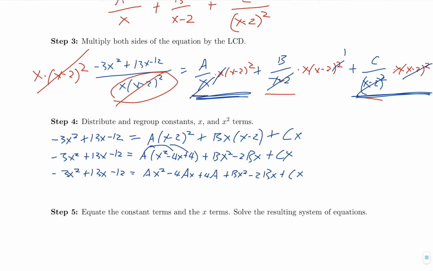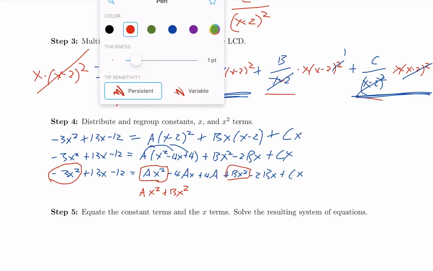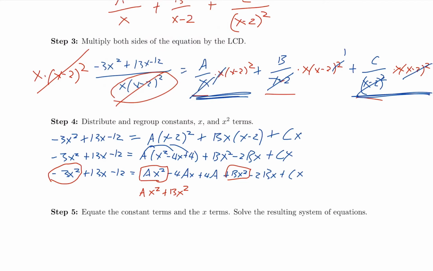So we need to regroup, okay? Let's do this with a different color. So negative 3x squared. Which term is x squared? We have ax squared and bx squared. Let me rewrite in order just to avoid any confusion. Then 13x. Which term has x?